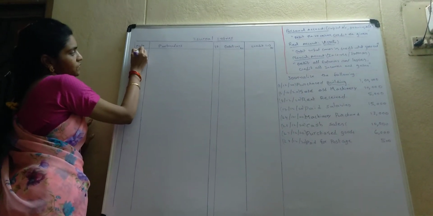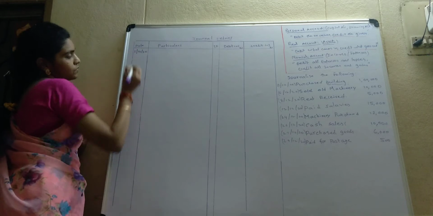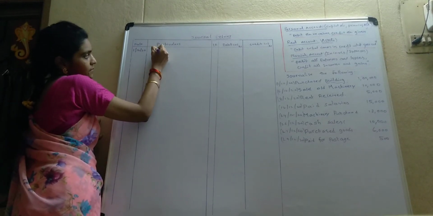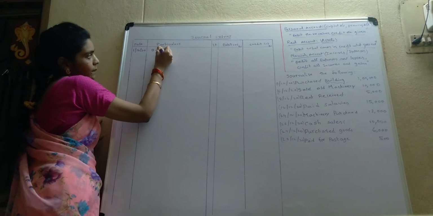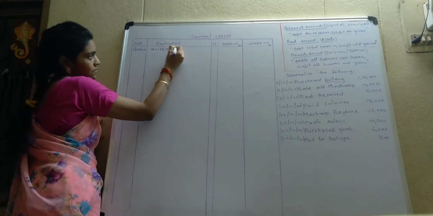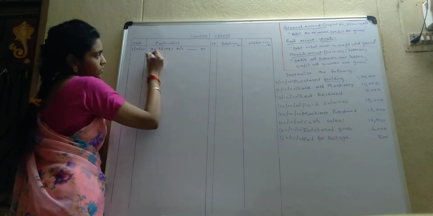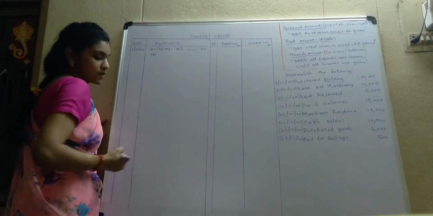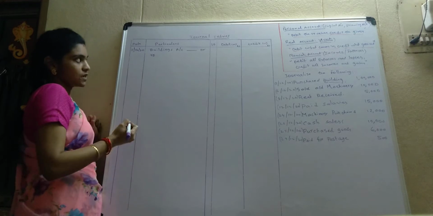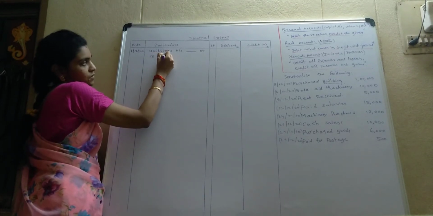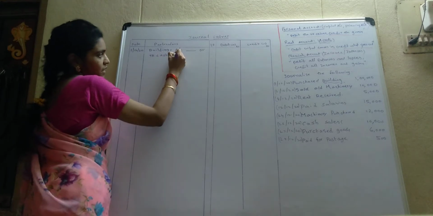Now start writing with me. Put the date 1/12/20. What comes into our organization or business? Buildings account, debtor, to what goes out? Credit goes out. What goes out here? Cash, to cash account.